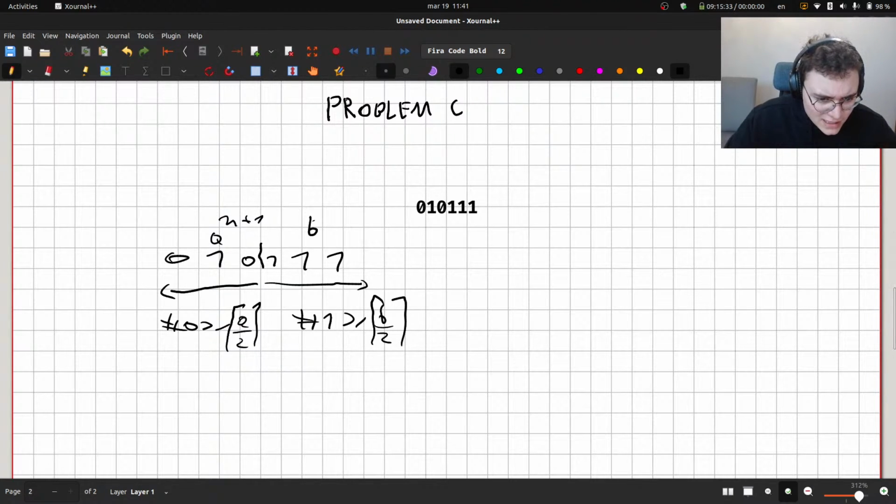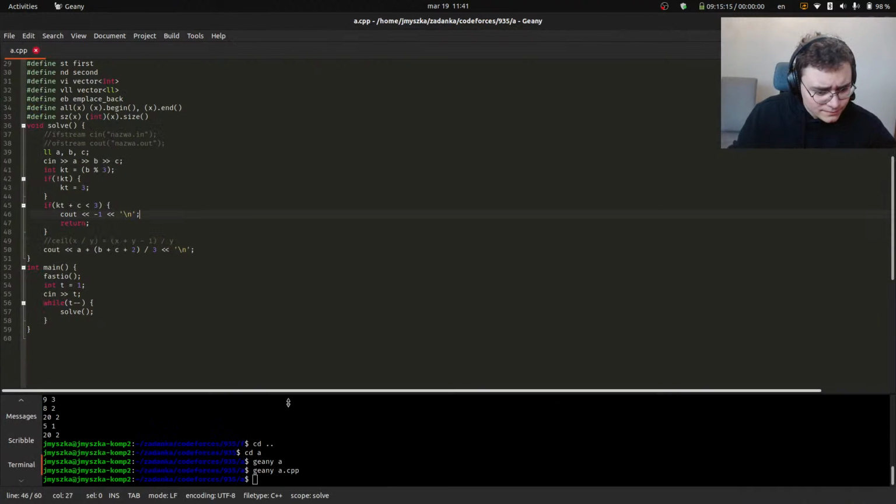Then when we are checking some division point, we know how many ones we have to the right and how many zeros we have to the left. And we need to check both of those conditions, see if they are true, and see how close we are to the middle. So now I will show the implementation.